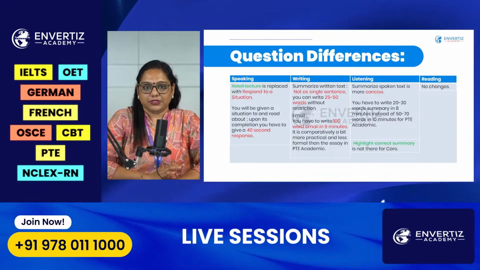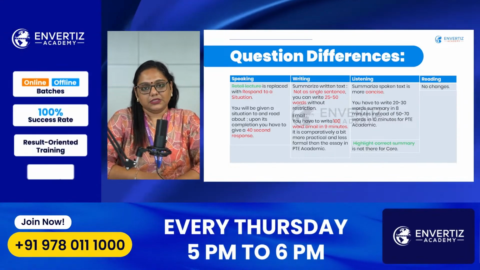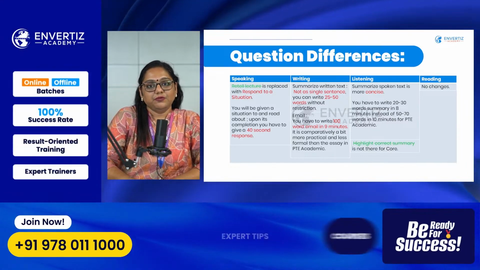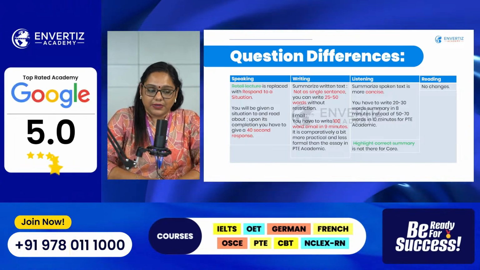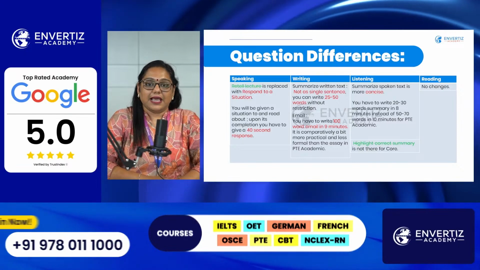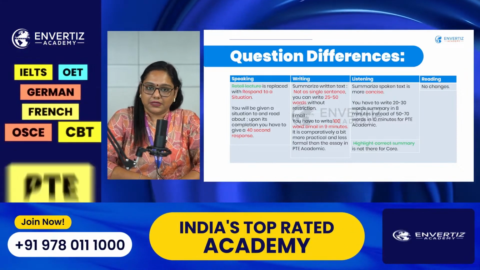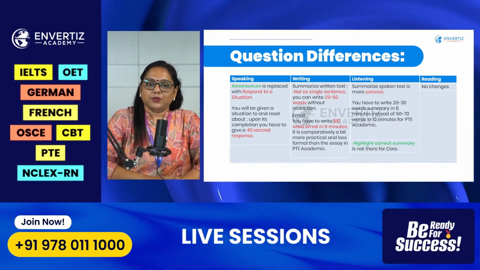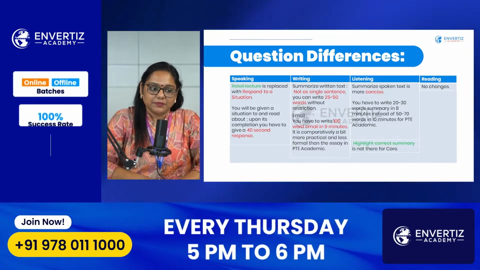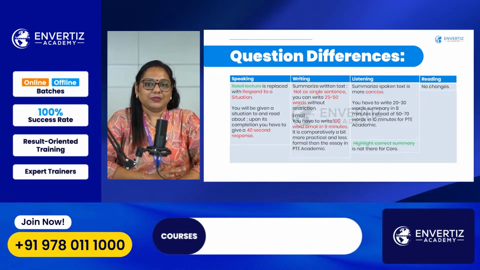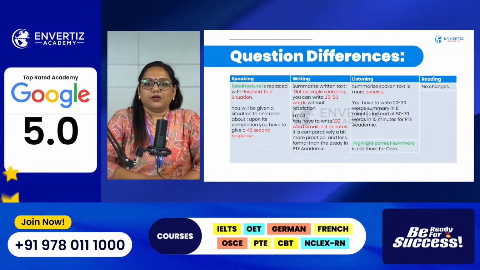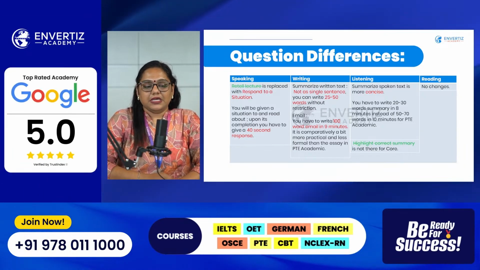But here, we do not have that, and the number of words is 25 to 50. The second task is to write an email of 100 words in 9 minutes. If you compare, this is a bit more practical and less academic, or less formal, when we compare it to the essay.